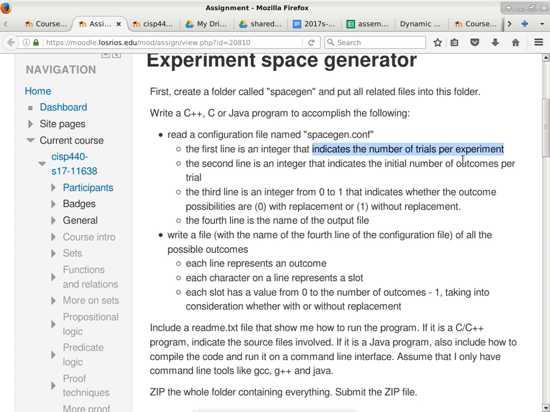There are 3 trials in each experiment. The second line indicates the initial number of outcomes per trial. In our example, because we're throwing the dice, we have 6 possible outcomes for the initial trial. I call it initial because if it is without replacement, then the next trial only has 5 possible outcomes.